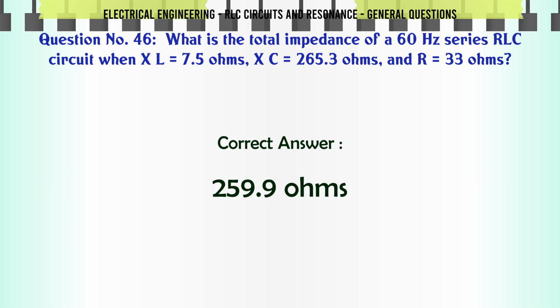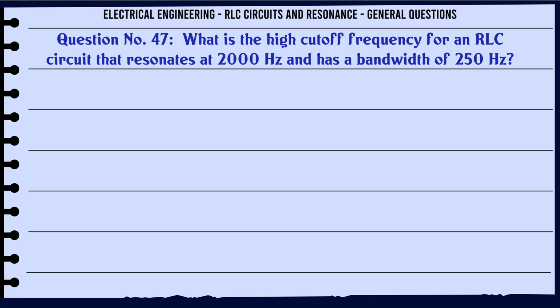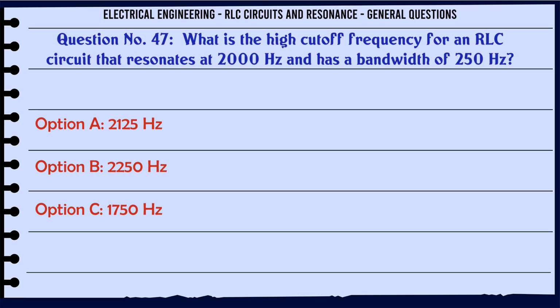The correct answer is 259.9 ohms. What is the high cutoff frequency for an RLC circuit that resonates at 2000 Hz and has a bandwidth of 250 Hz? A. 2125 Hz. B. 2250 Hz. C. 1750 Hz.